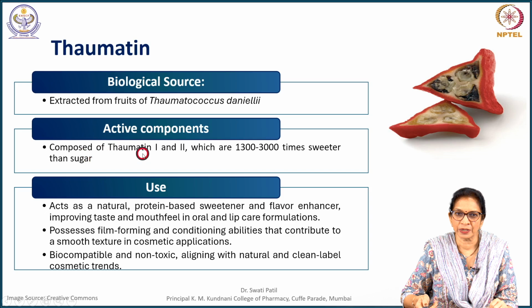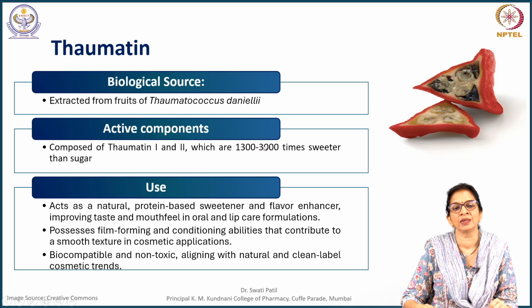The actives present in thaumatin are thaumatin 1 and 2, which are 1300 to 3000 times sweeter than sugar. This acts as a natural protein based sweetener and a flavor enhancer, improving the taste and mouth feel in oral and lip care formulations. This also possesses a film forming and conditioning ability.